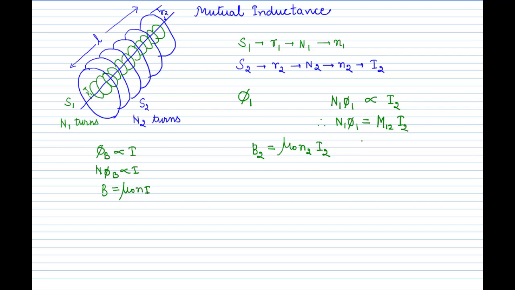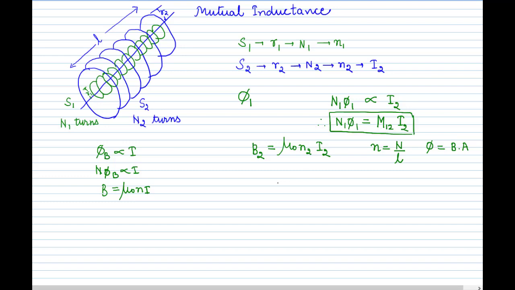Now let us put the value of B2 in here, because small n is the number of turns per unit length, so this is N upon L, where L is the total length, and also phi is equal to B into A. So we write this equation again: N1 phi1 is equal to N1 L pi r1 square mu naught n2 I2.